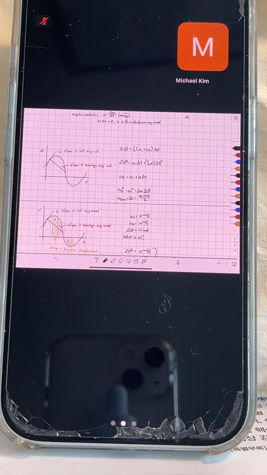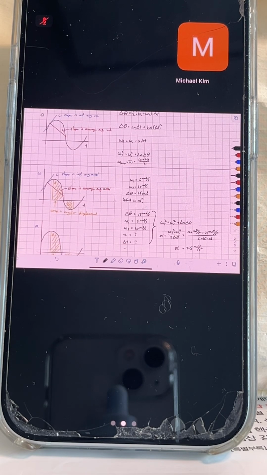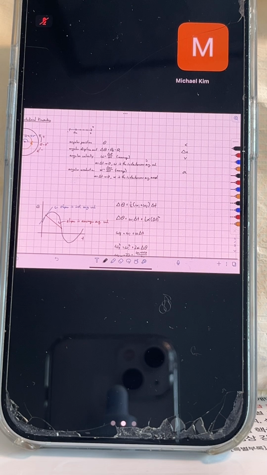Questions on this? Okay. Now, if you're dealing with purely rotational motion, this covers a lot of it.